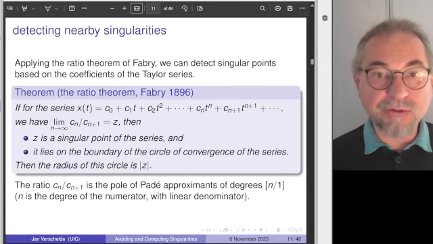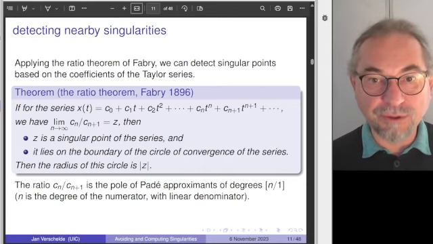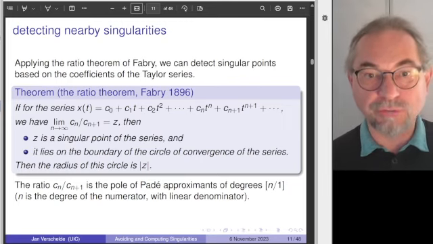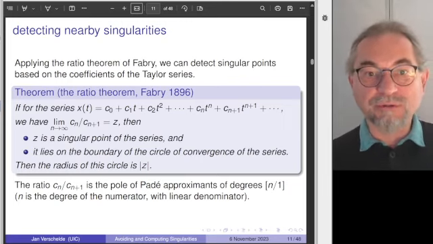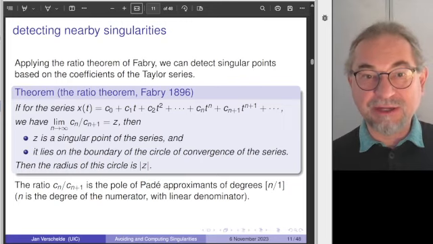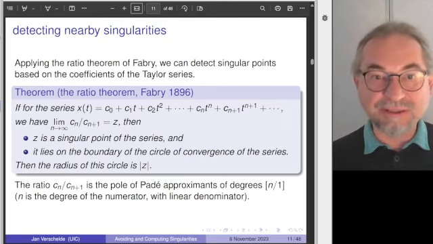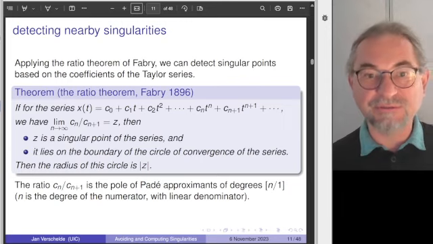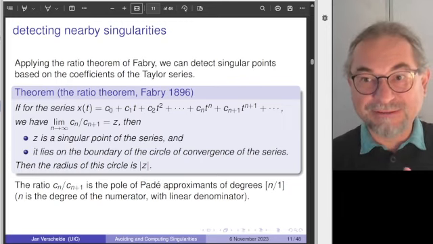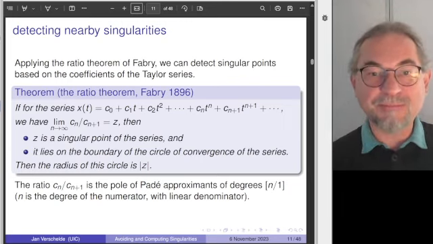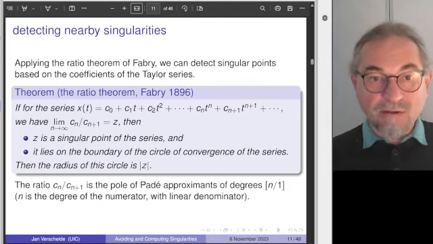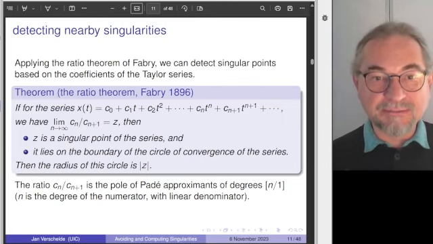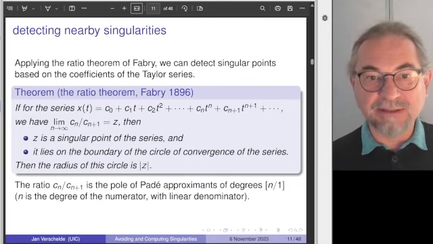So the ratio theorem of Fabry says that if you look at the coefficients, and in particular at the ratios of the coefficients, notice again that the ratio needs to be well defined. You can't have zero coefficients, otherwise it's not defined. You also cannot have series that stop after a while. But if you have a well-defined limit, then that limit is a singular point, and it lies on the boundary of the circle of convergence.